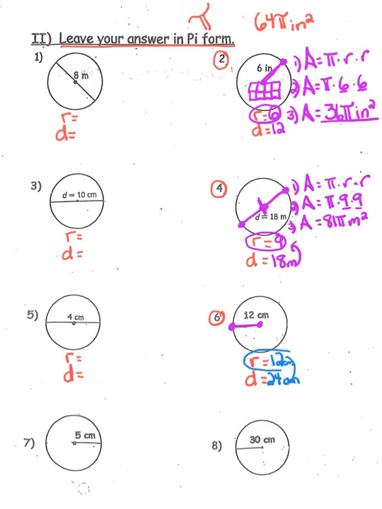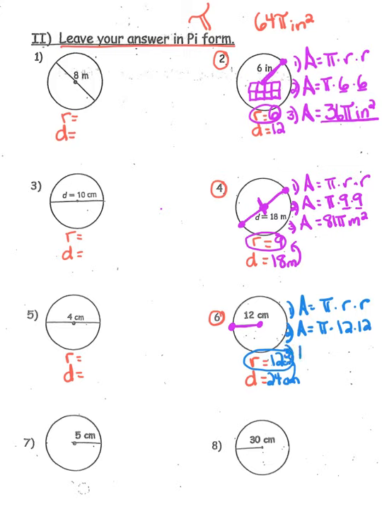But we're going to use this radius in the formula one more time. Area equals pi times r times r. Make sure you write your formula step first. Step 2 will be the substitution step. Area equals pi times 12 times 12.